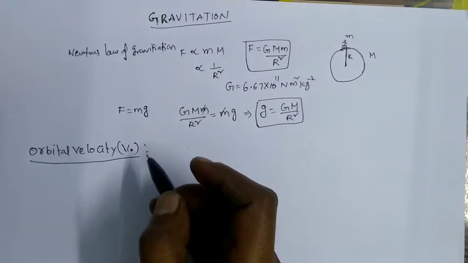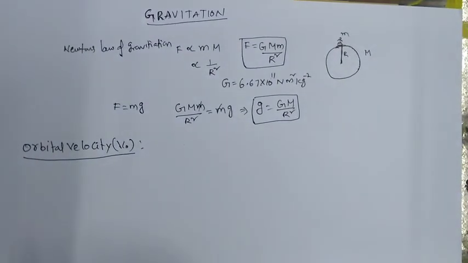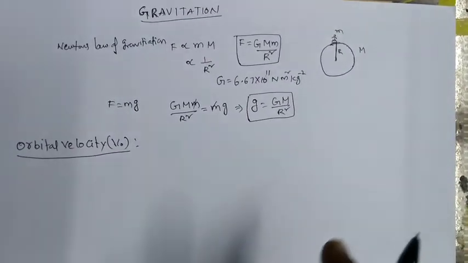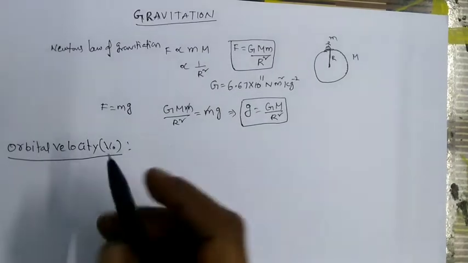The definition of the orbital velocity is: the horizontal velocity of an object to revolve around the planet in a circular orbit is called the orbital velocity.